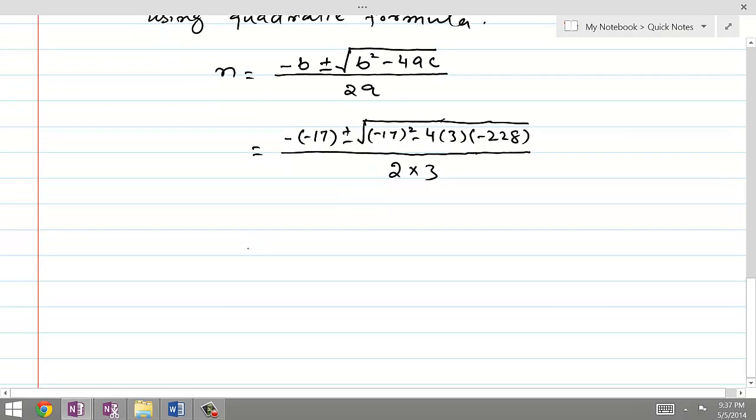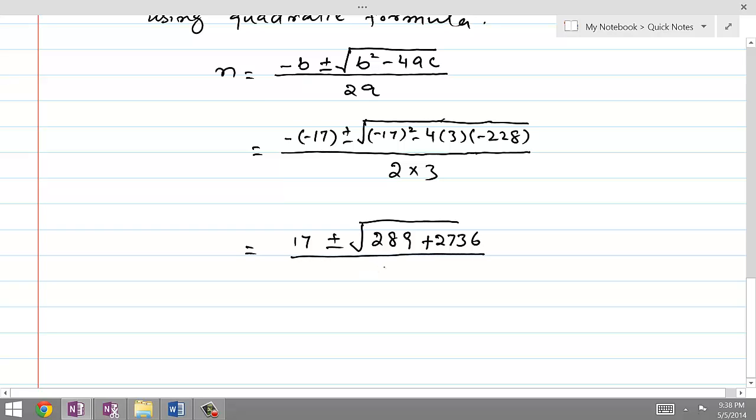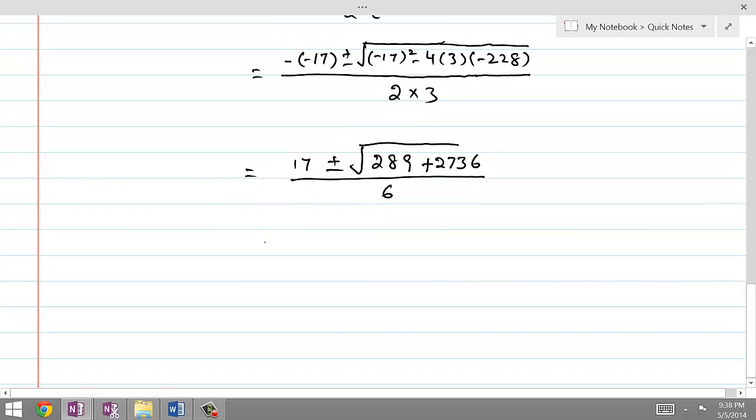So this will give us 17 plus minus the square root of 289 plus 2736, divided by 6, and if we add up, this becomes 17 plus minus the square root of 3025, divided by 6.